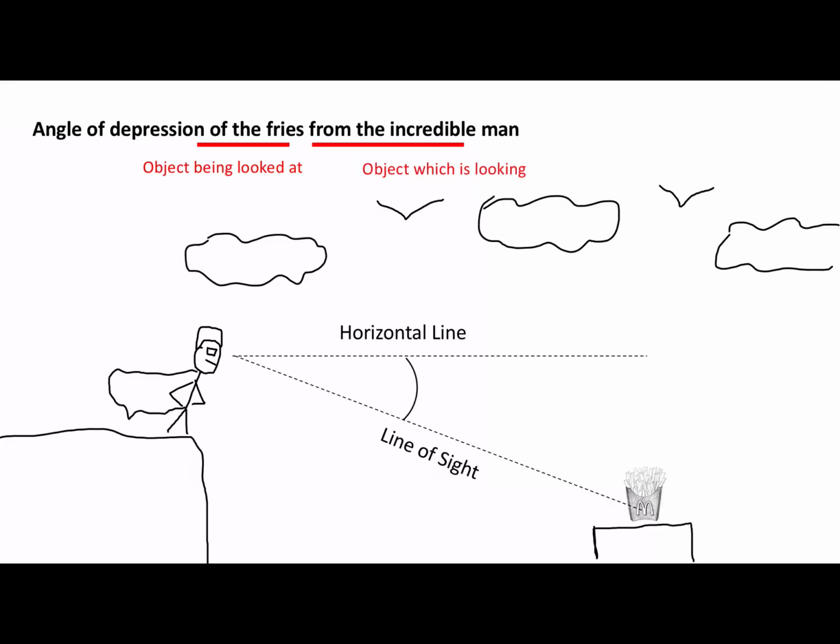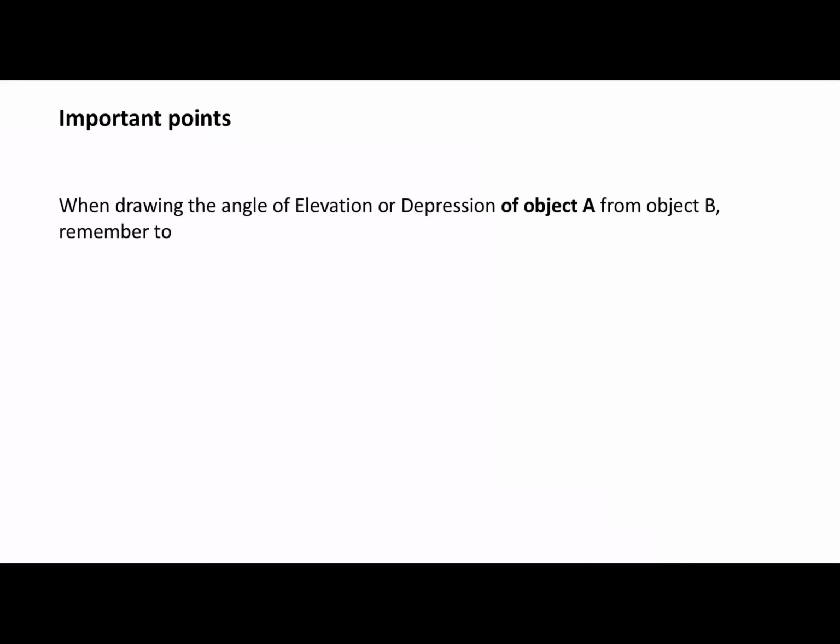From the previous slide and this slide, you can see that we always draw the horizontal line at which object? We draw the horizontal line on the object which is looking. Let's proceed. What are the important points you learned till now? When you want to draw angle of elevation of or depression of one object from another, there are three things you need to do.